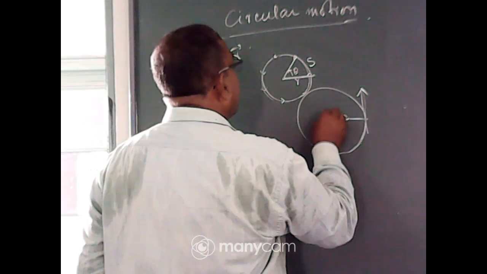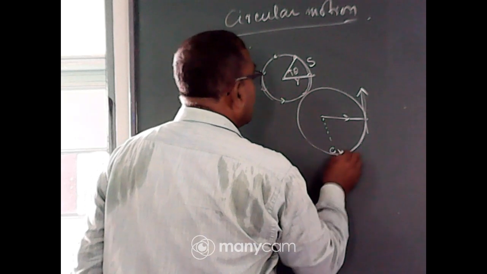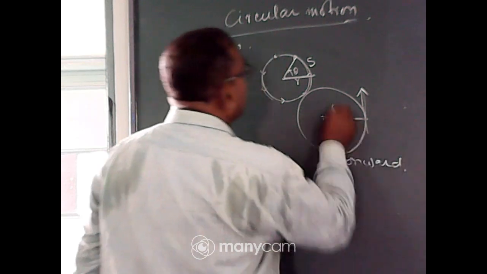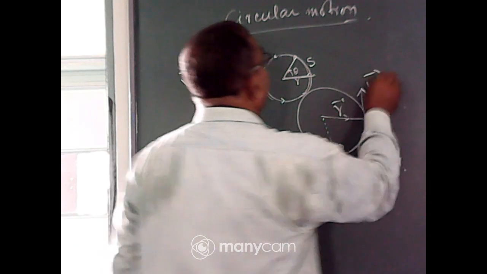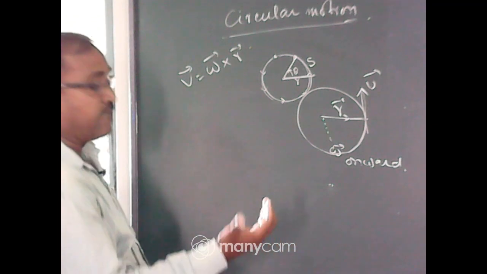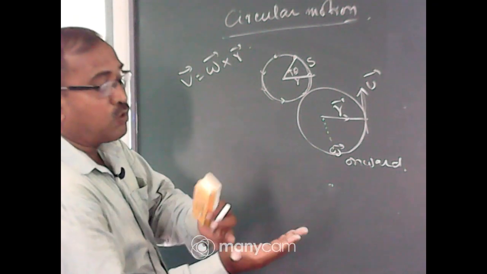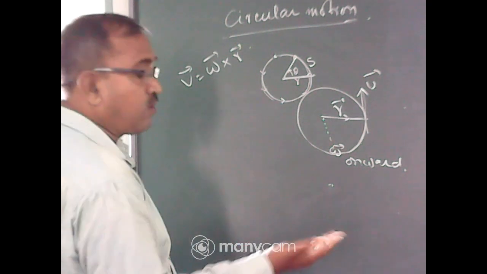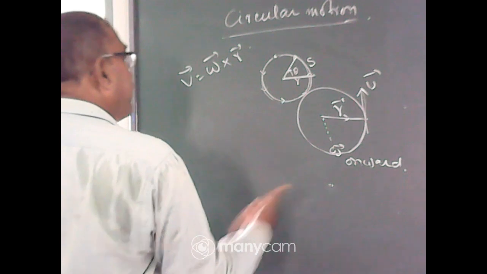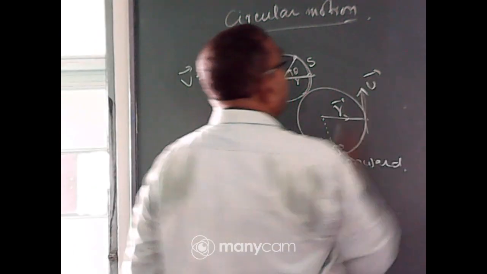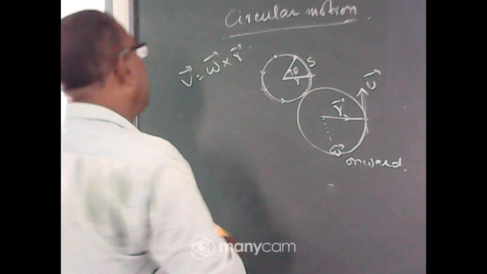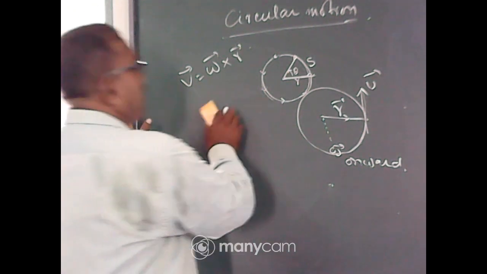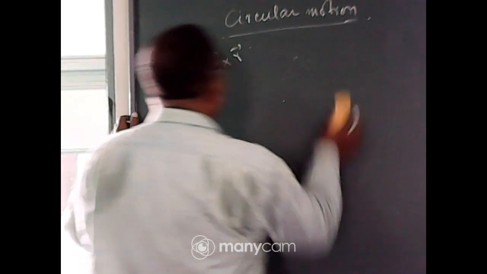So this is the direction of omega, onward the board. This is r and that is v. So, my dear student, the vectorial form is v equals omega cross r.